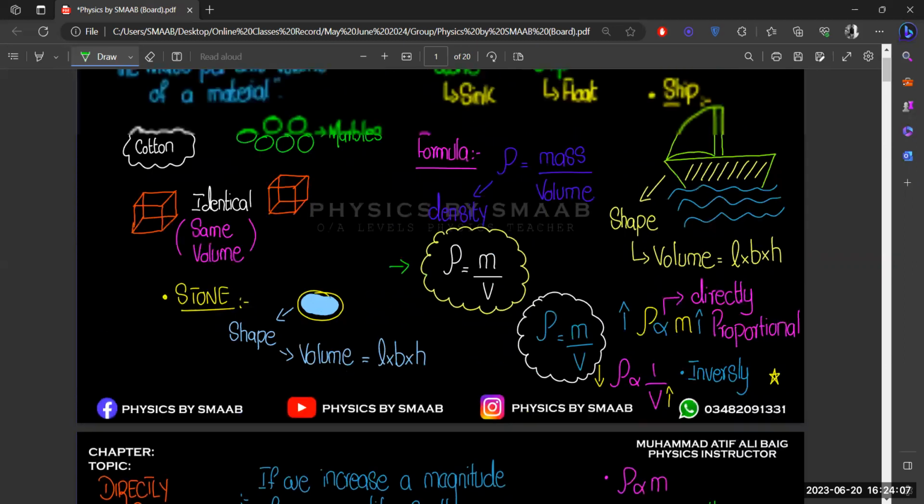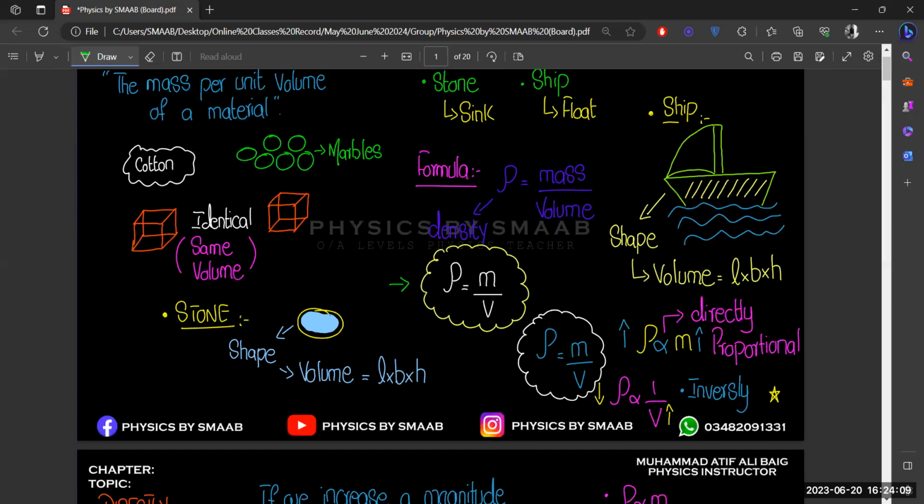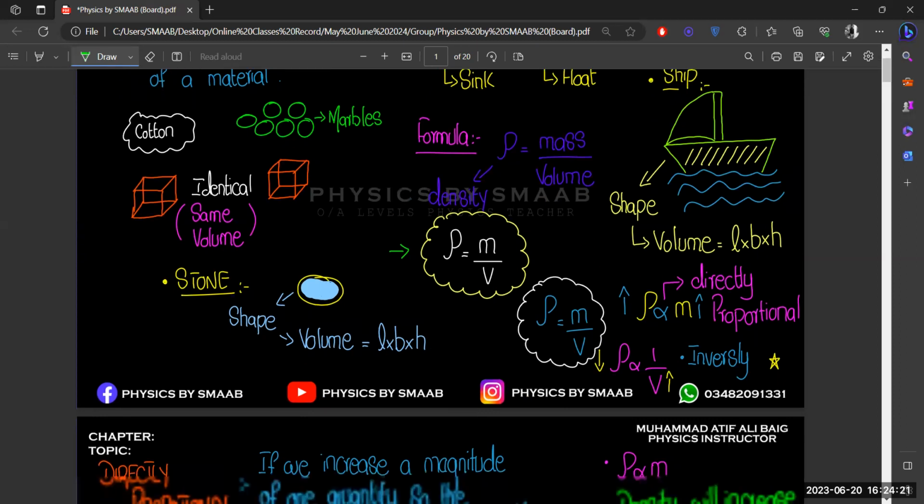Because when we are talking about the difference between a ship and a stone, you know which object has the greatest volume, ship or stone? Ship, right? The volume of the ship is greater as compared to the stone.